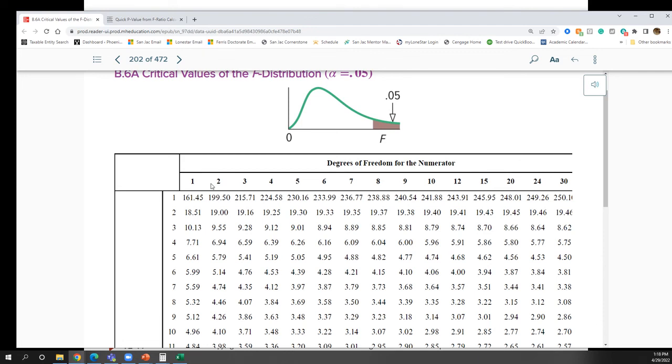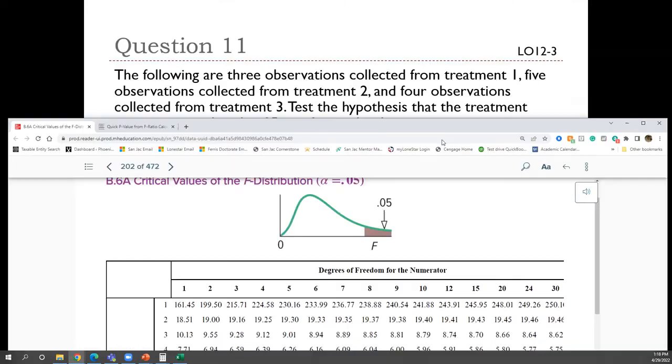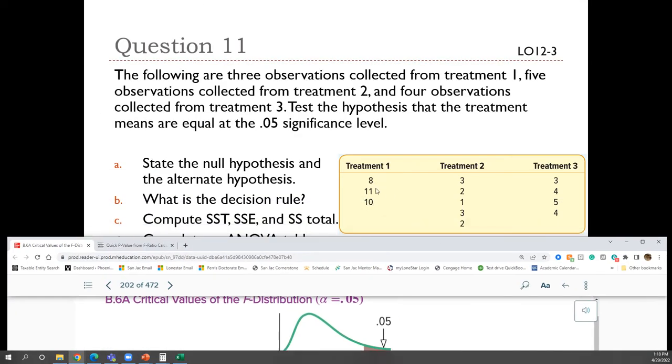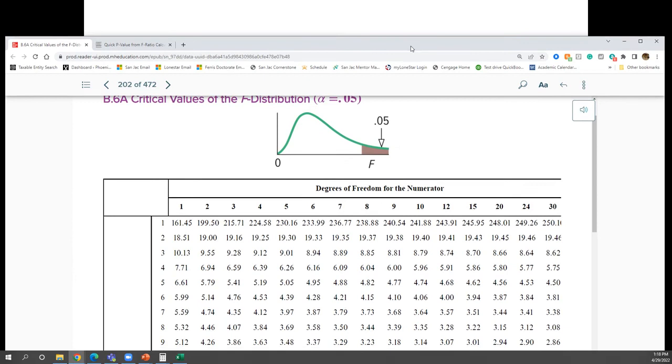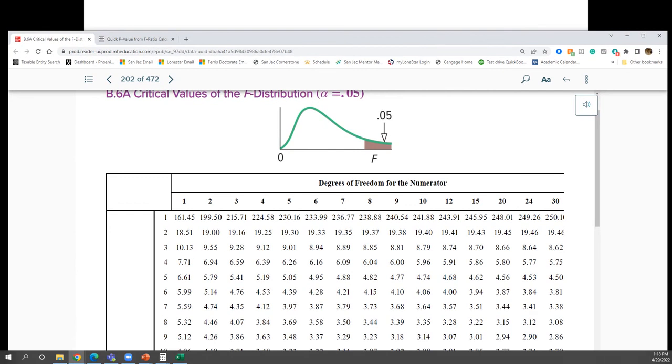Next, how many observations do we have? Well, according to this, we have 1, 2, 3, 4, 5, 6, 7, 8, 9, 10, 11, 12. They went back to 12. I don't know why they went back to 12, but they went back to 12. And everybody goes, oh, no. So, for our purposes, 12 is 9.